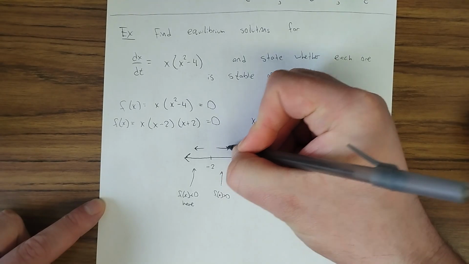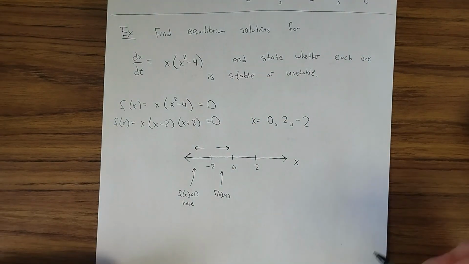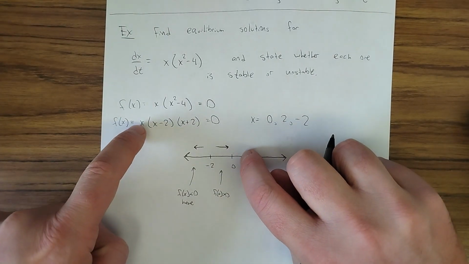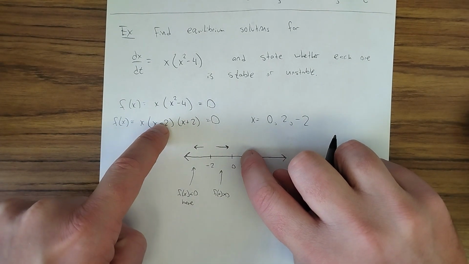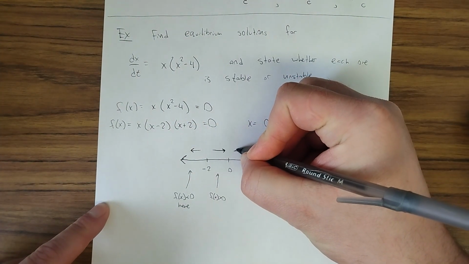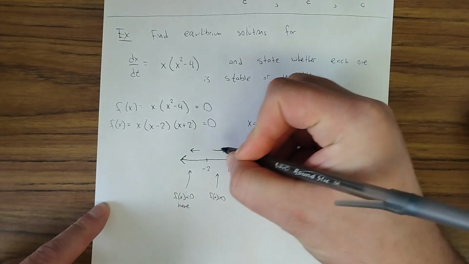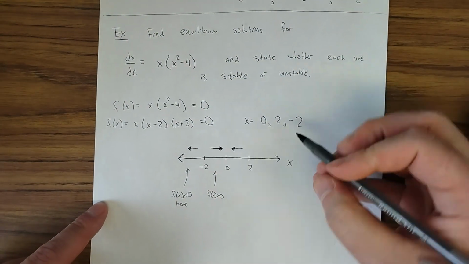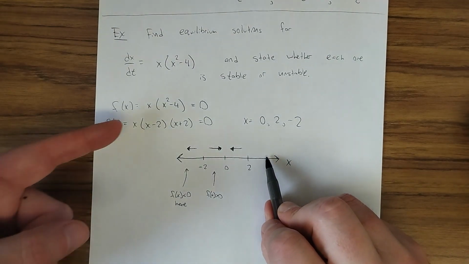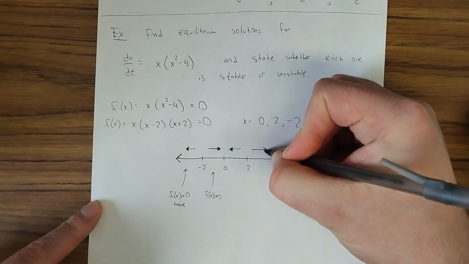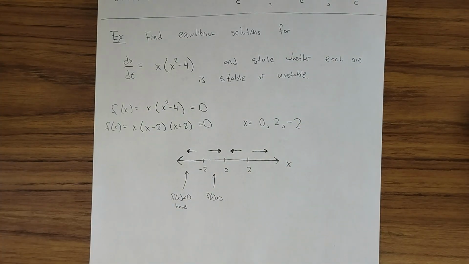So the arrow points to the right. Here, I can imagine x is 1. This is going to be positive, negative, positive, which is negative. That points to the left. And then finally, over here, I can imagine x is 3, positive, positive, positive. Everything's positive. Goes like this.